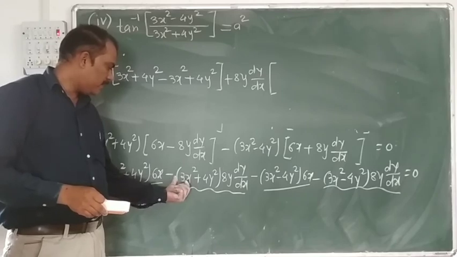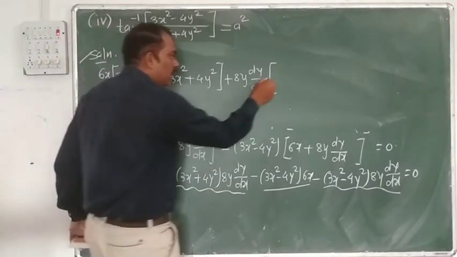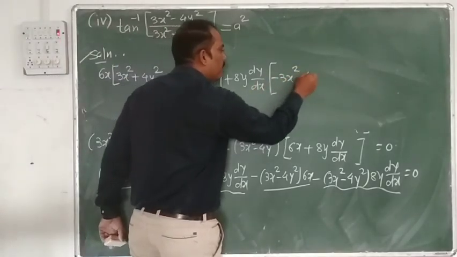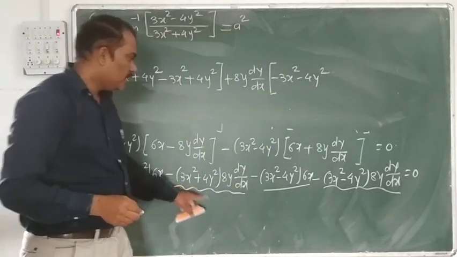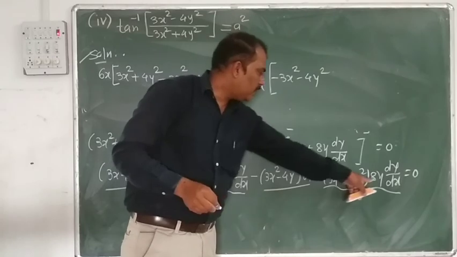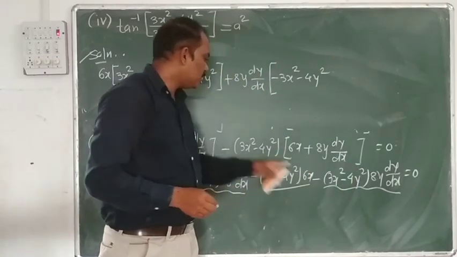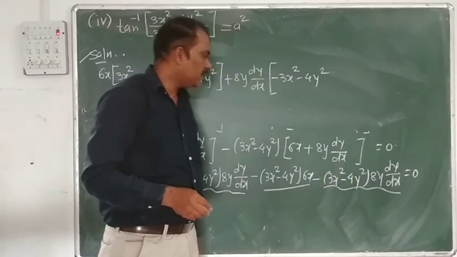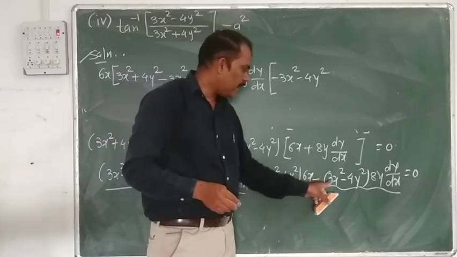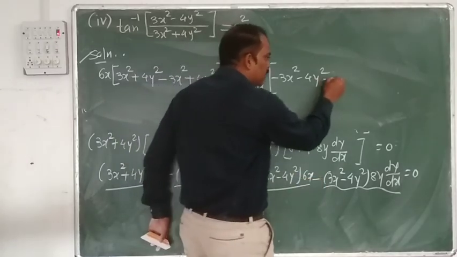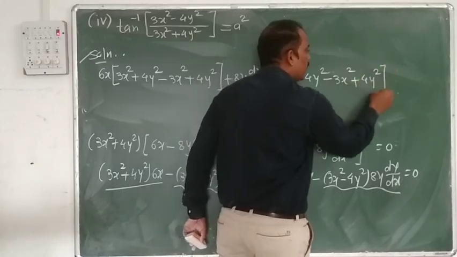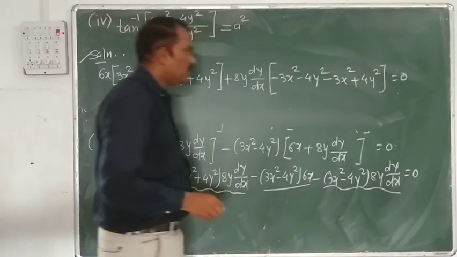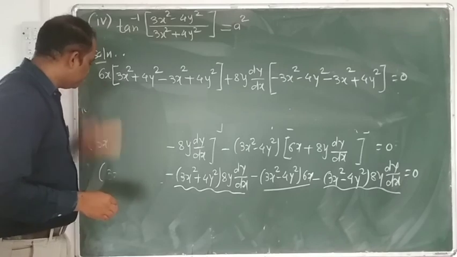When we open this bracket, the minus sign goes inside, so minus 3x² minus 4y² we get from this term. Here also we take 8y dy/dx common, so remaining minus this bracket. When we open it, the minus sign goes inside, so minus 3x² plus 4y² is equal to 0. That much is remaining.